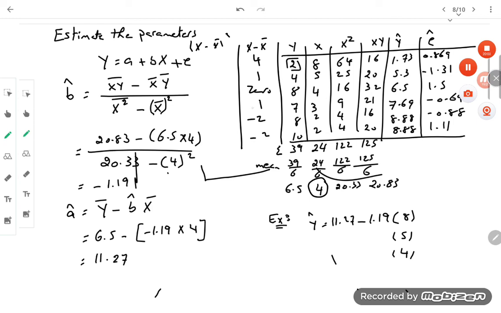Squared values are 16, 1, 0, 1, 4, and 4. So the summation is 25. Sorry, 24.